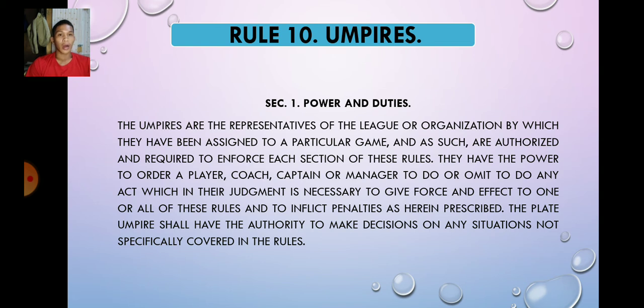They have the power to order a player, coach, captain, or manager to do or omit to do any act which in their judgment is necessary to give force and effect to one or all of these rules and inflict penalties as prescribed. The plate umpire shall have the authority to make decisions on any situation not officially covered in the rules.